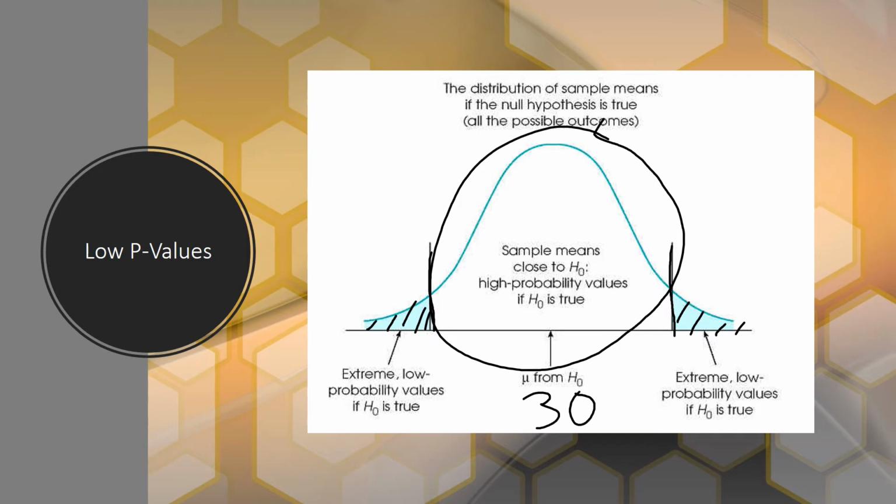So if you get things that are far away, then either two things could happen. One, it's just by chance that we get an extreme sample mean. Or two, our null is false.